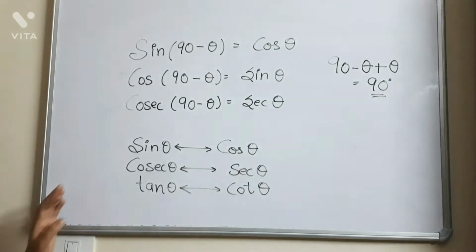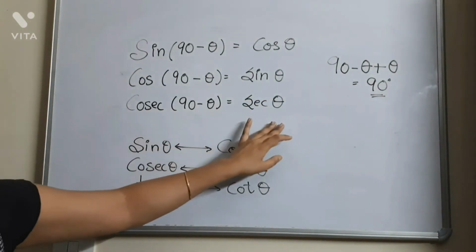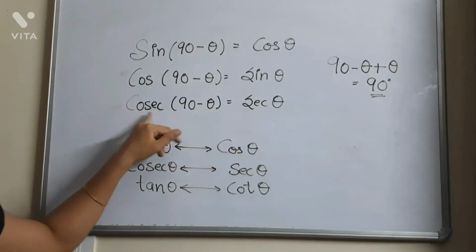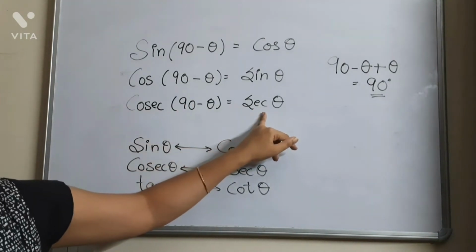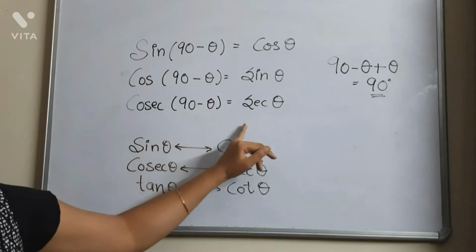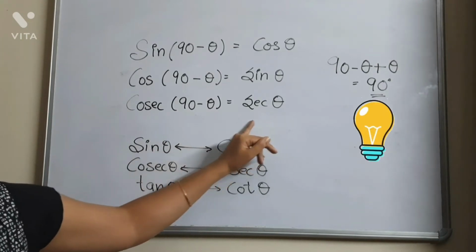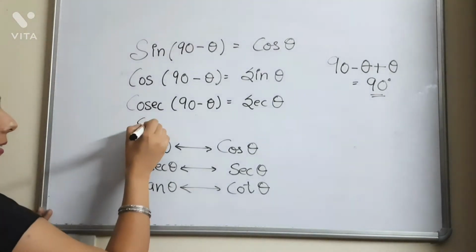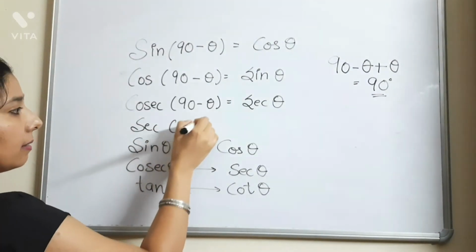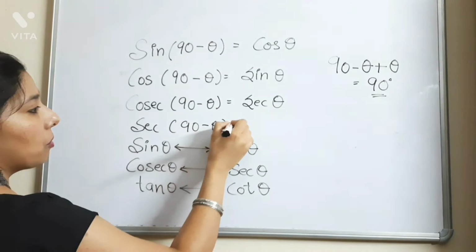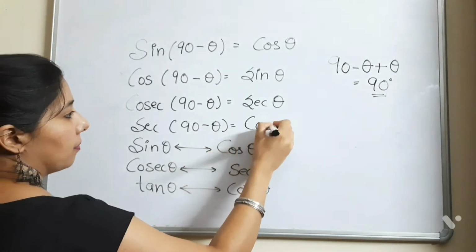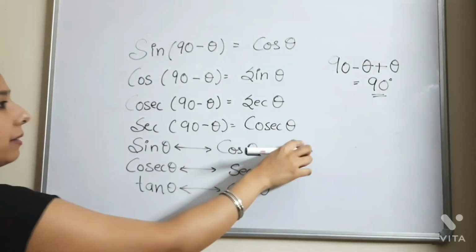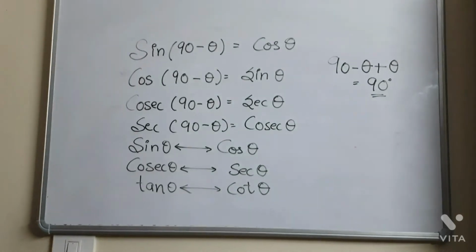This is also a relation between the two trigonometric ratios, that is, between the cosecant and the secant ratios. They are complementary pairs too. And it also can be written either way, like if we write secant of 90 minus theta, then it will give you cosecant theta. So you can write it either way. Both are correct.